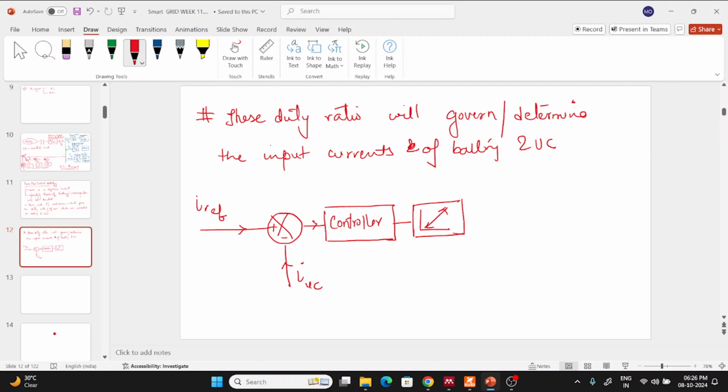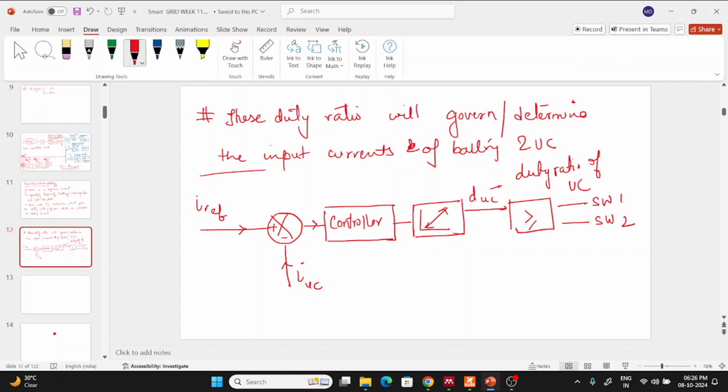Then DUC, which is the duty ratio of the ultra capacitor. This duty ratio will go towards the comparator and it will give the switch status.